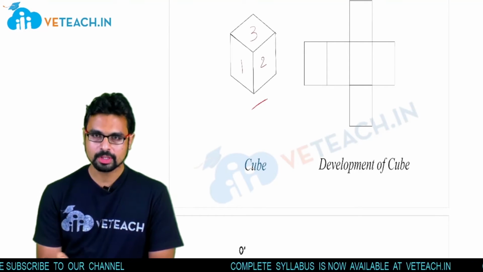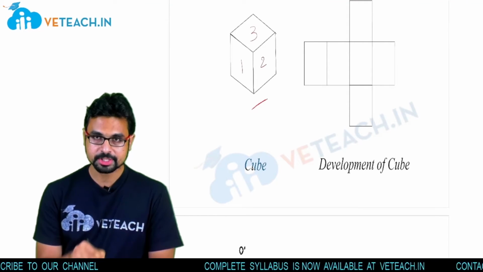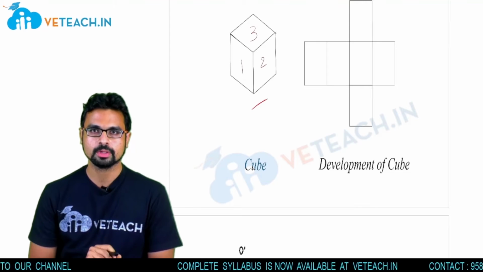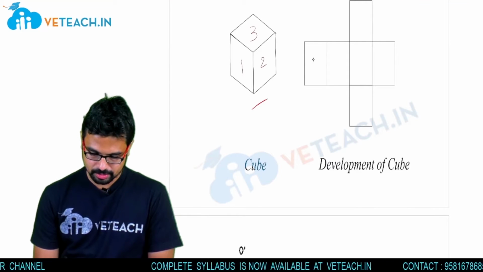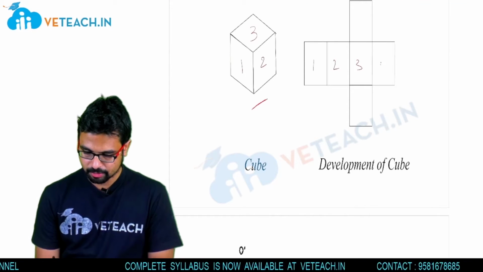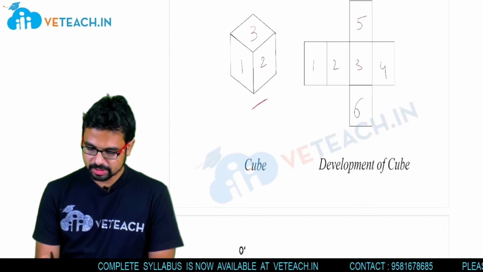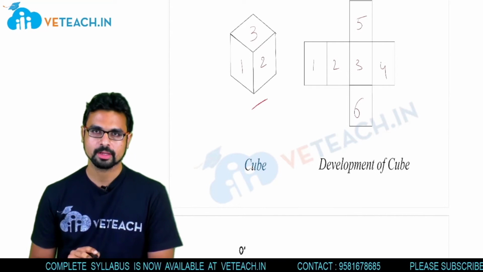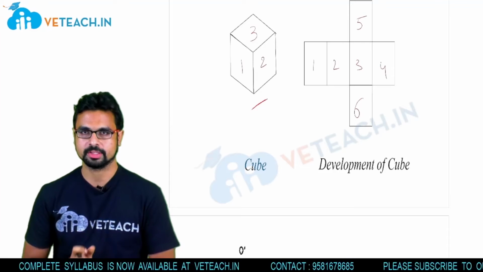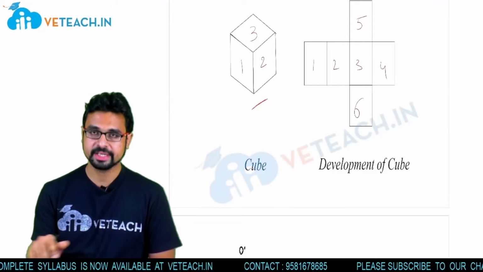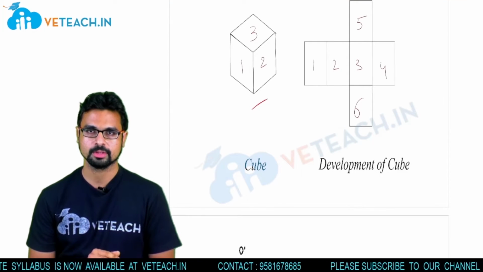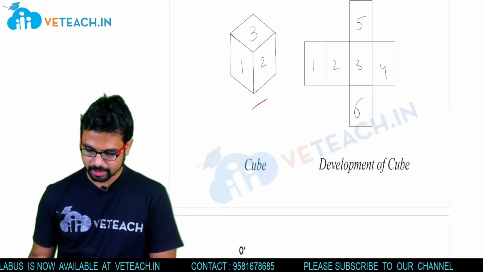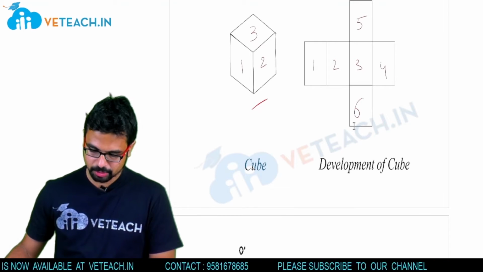If we unfold the thin metallic sheet folded around the cube, we get these surfaces: 1, 2, 3, 4, 5 and 6. These 6 are the lateral or inner surfaces of the cube. After unfolding the thin metallic sheet, these surfaces are known as the development of this cube. Clear? This is the development of lateral surfaces of the cube.